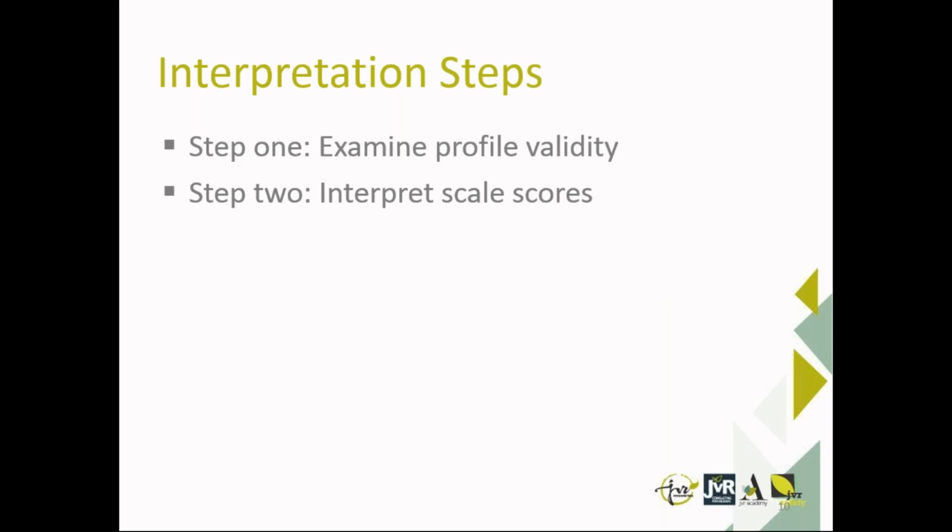This is going to enable you to see what the job requires and whether the candidate may have the tendencies, the motivators, or the behaviours that you're wanting if you're using the assessment for selection. You could also have a look at the scales if you're using the assessment for development, identifying where the candidate might have strengths and where they might have areas of development.